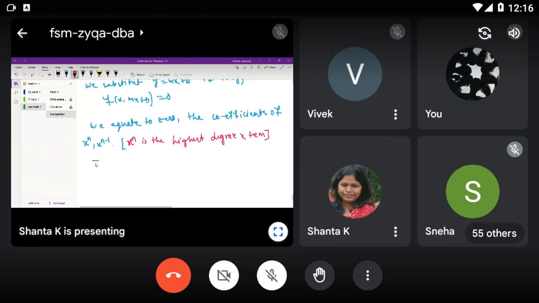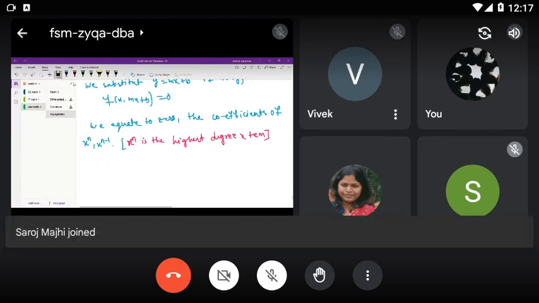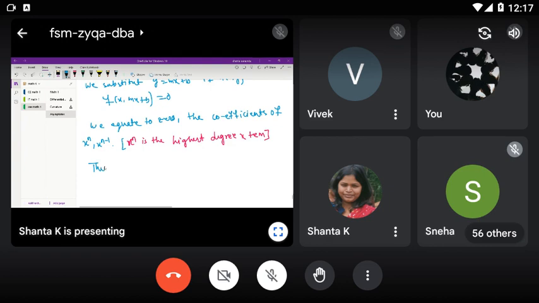So this gives two equations and two unknowns, m and b, and solving this you can get the values of m and b. Let's do one example.